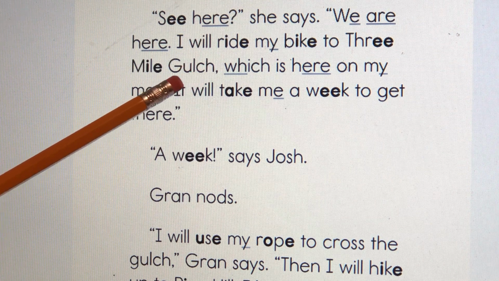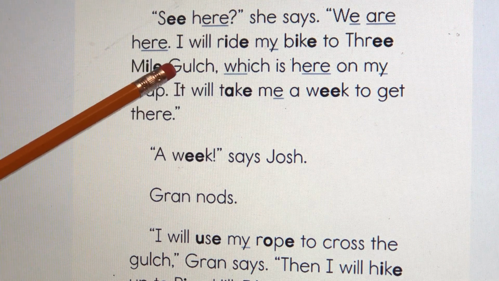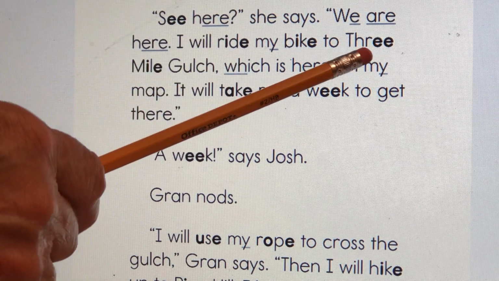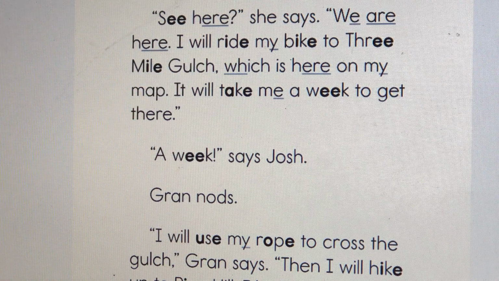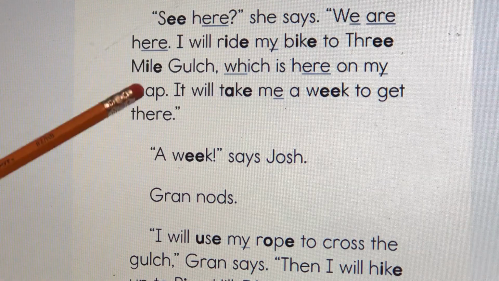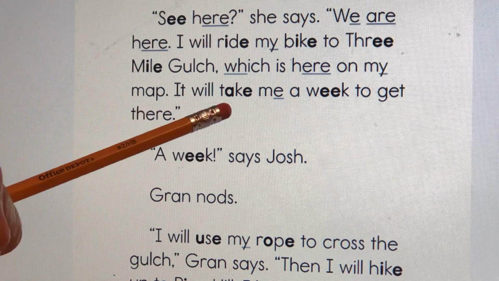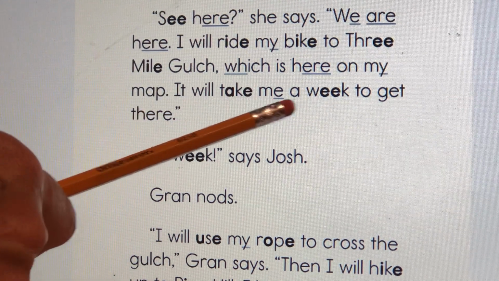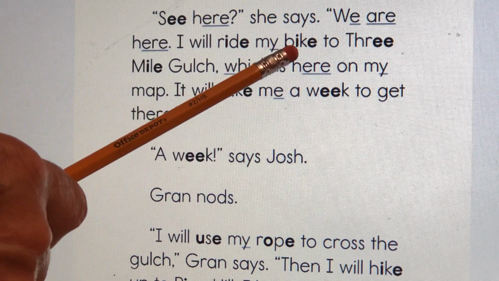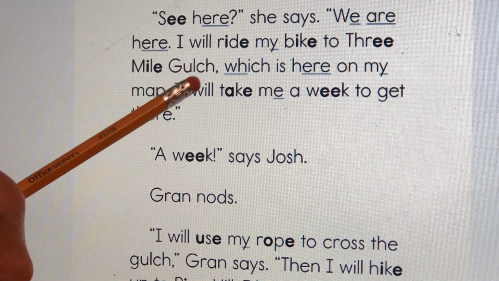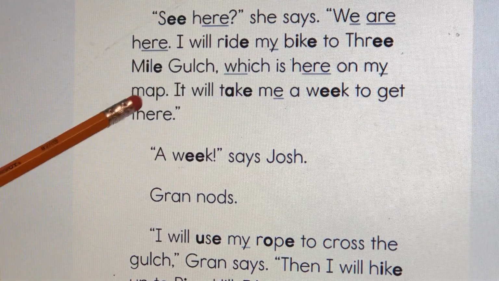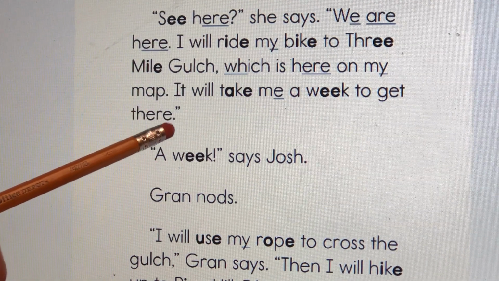And a gulch is sort of like a stream or some place where she has to cross. So it's called 3 Mile Gulch, and probably the gulch is 3 miles long, which is here on my map. It will take me a week to get there. So she's going to ride her bike to 3 Mile Gulch, and it's going to take her a week to get to 3 Mile Gulch. So she's going to be riding her bike for quite a while.